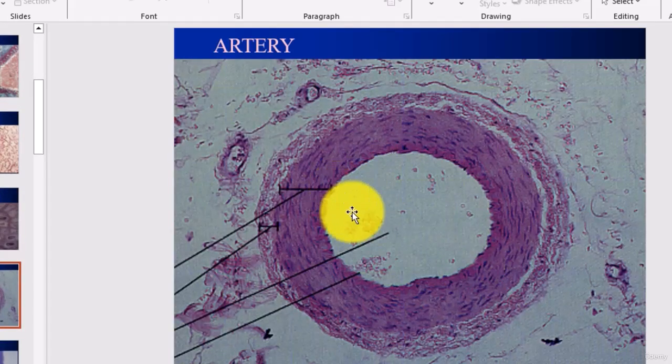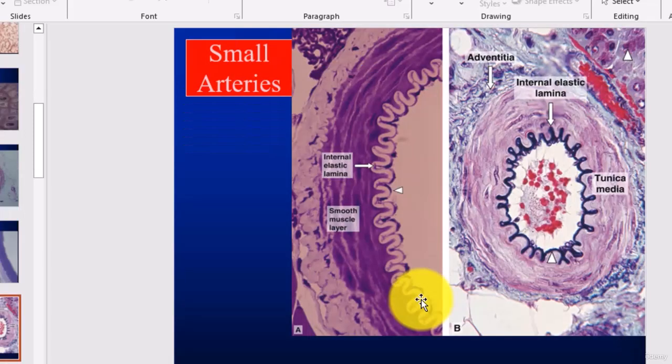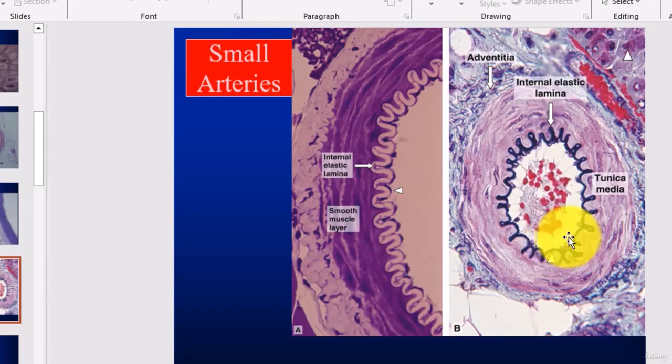Here the lumen of the artery and other layers. Small artery: tunica media, internal elastic lamina, adventitia, smooth muscle layer in the arteries.